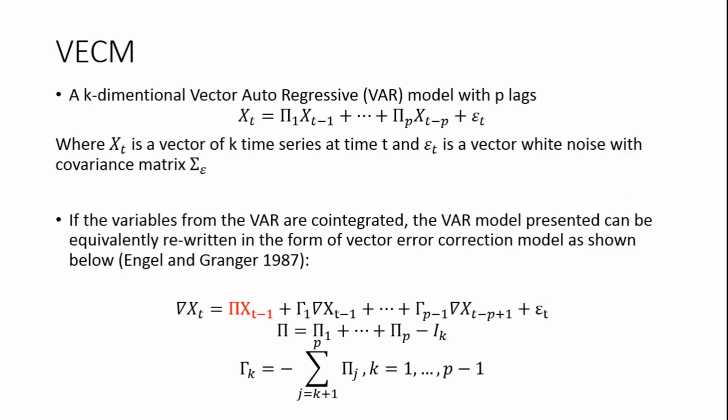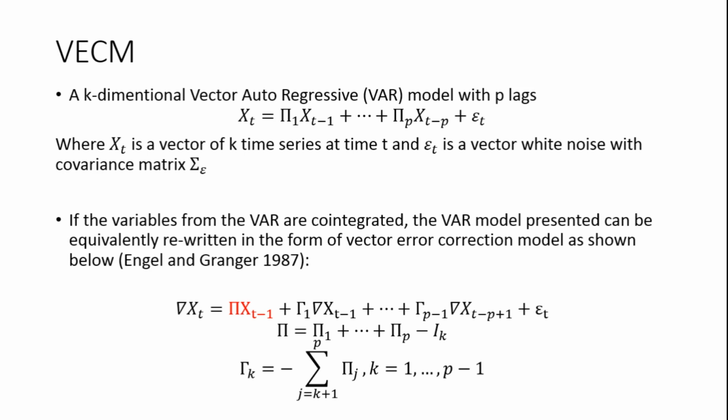So in a k-dimensional vector autoregressive model with p lags, we have the following representation of xt as a function of lagged vectors, with matrices P1, P2, Pk, and a covariance matrix.